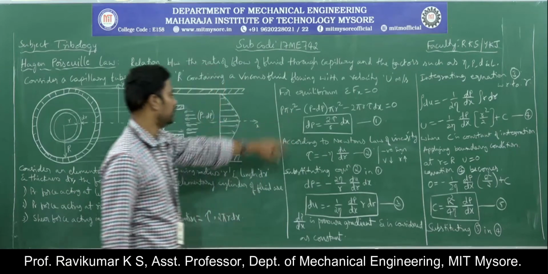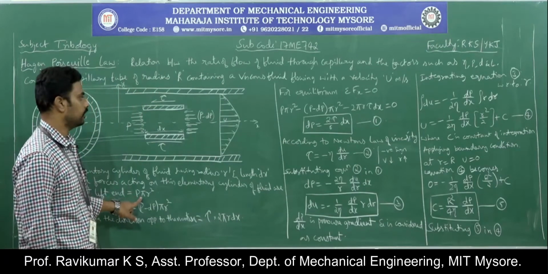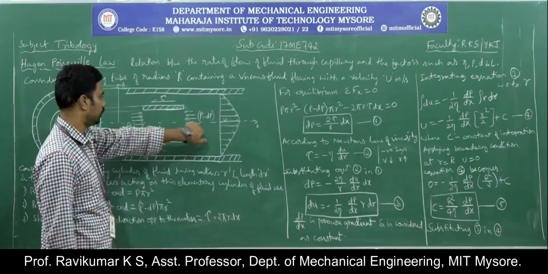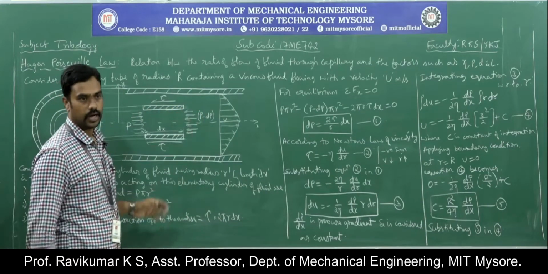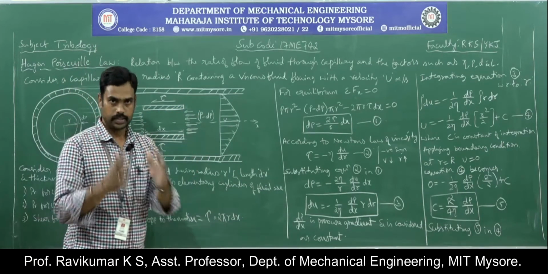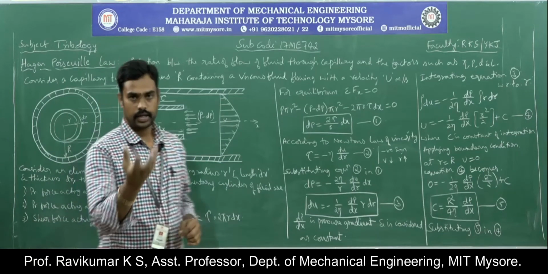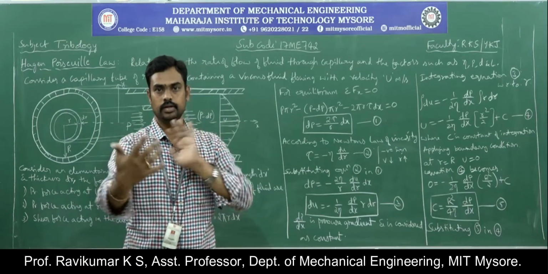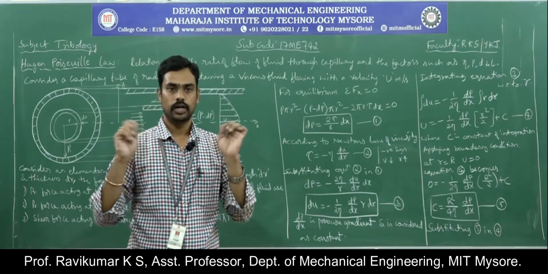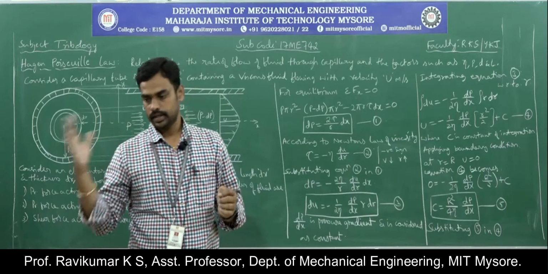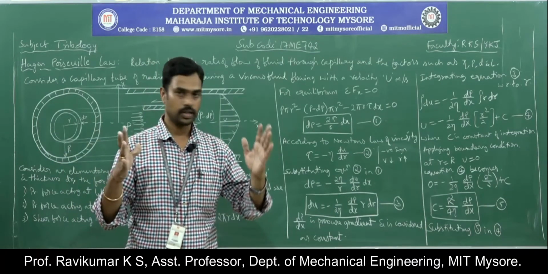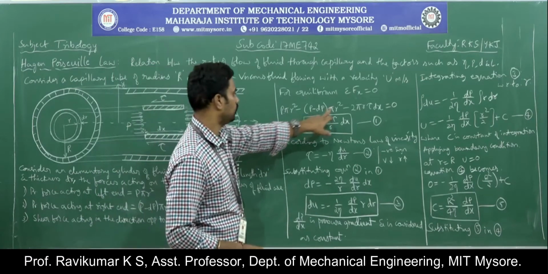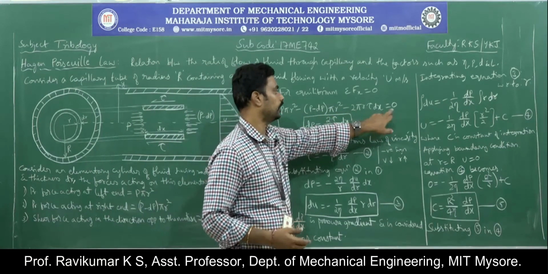So P into pi r square, the first one, minus the second term, because the pressure at the right hand end will be compressing. If you put any material in the fluid, it will be compressing. The pressure will be something like this, hydrodynamic pressure. So at this surface also it is pushing, and at this surface also it is pushing. Fine, minus so and so, minus 2 pi r into tau into dx is equal to 0.